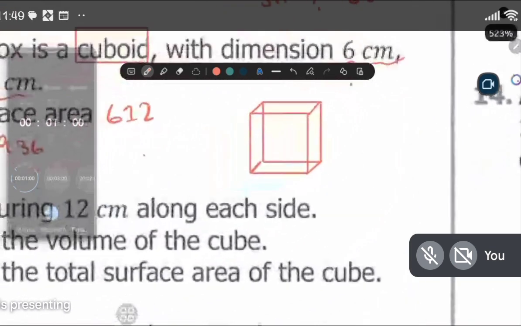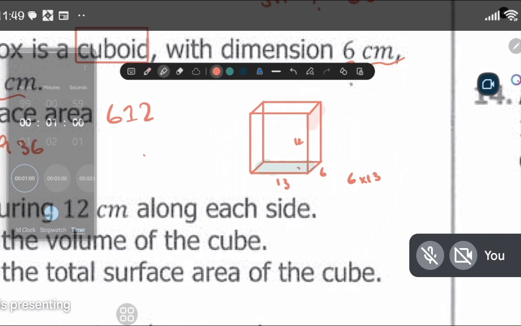So I know one of these faces is 12 by 13 and the other face is 6. This face, the bottom one, will be 6 by 13, yes? So this one is 6 by 13.